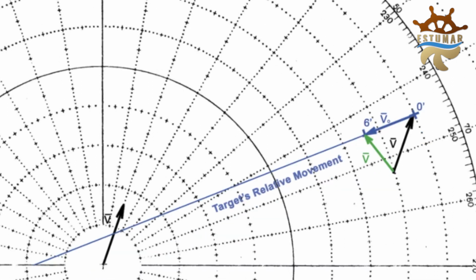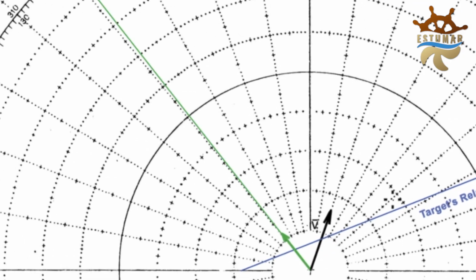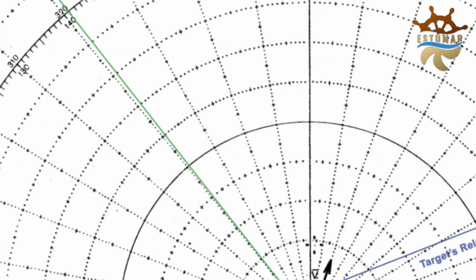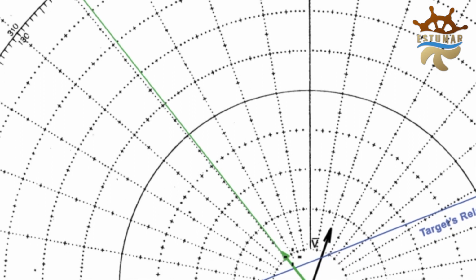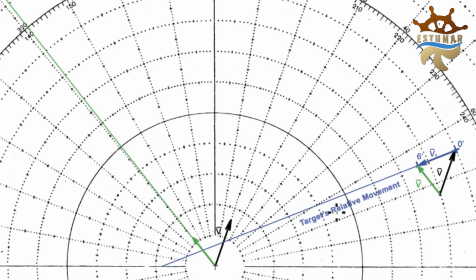In order to learn the real heading of this vessel, we need to transfer this vector parallel here, and also have this line, and we will see that the course of the target is 321 degrees and the speed approximately 12 knots.